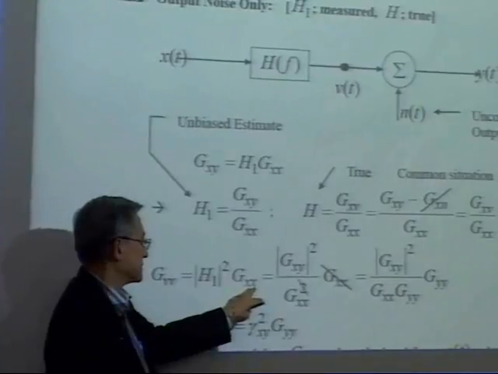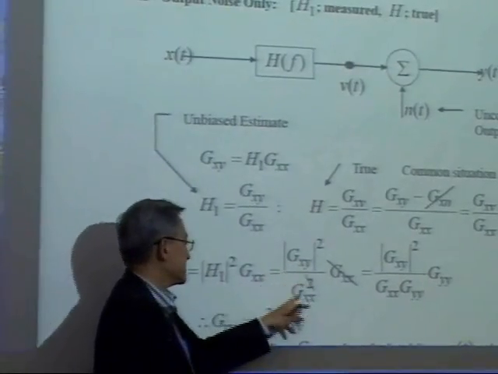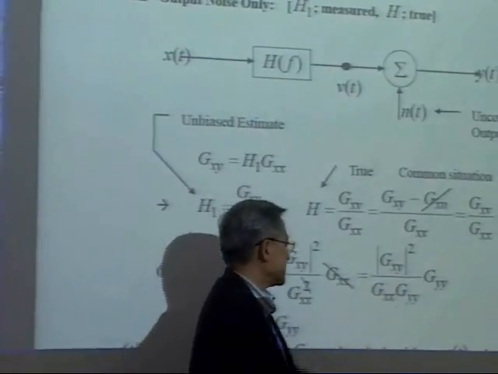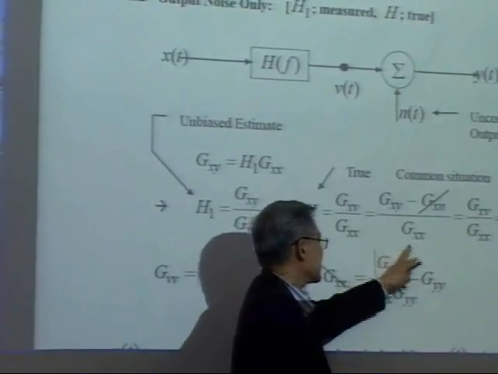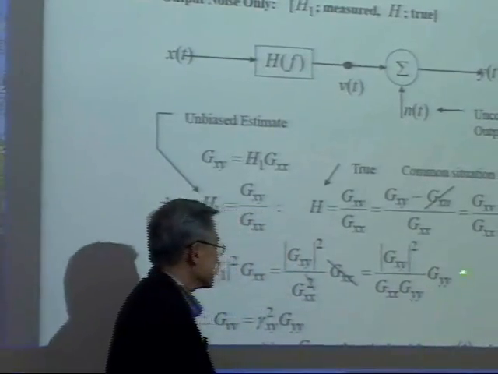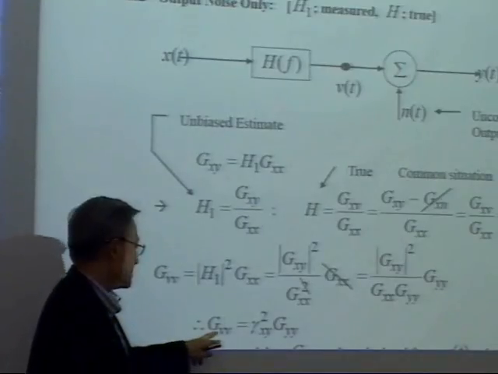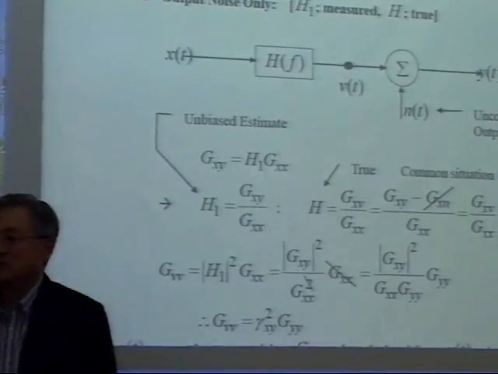And after that, you can just replace those guys, make it simpler. What is this? This guy is the coherence function, times GYY. So is GVV measurable?